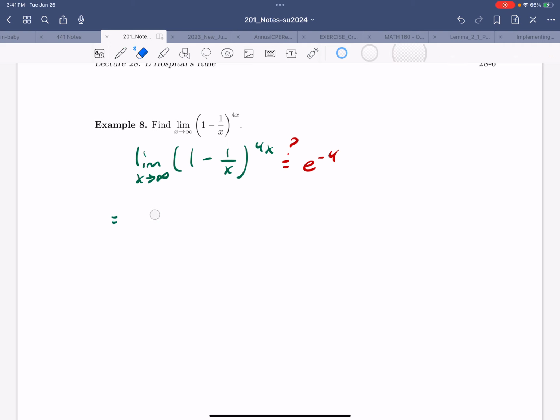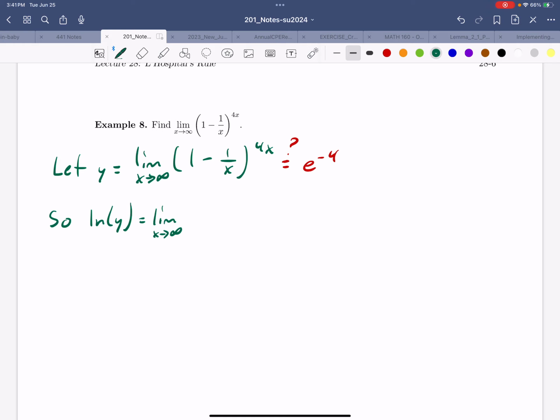So what we're going to do is take ln of y equals ln. Well, I'm just going to skip that step and write the limit as x approaches infinity of ln. You can just stick the ln inside the limit every time because you know it's always going to work.